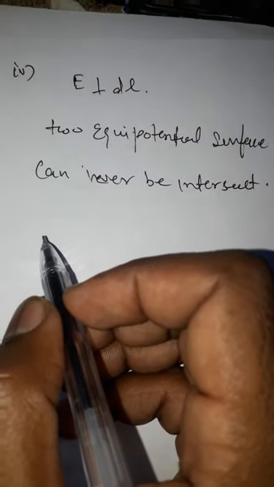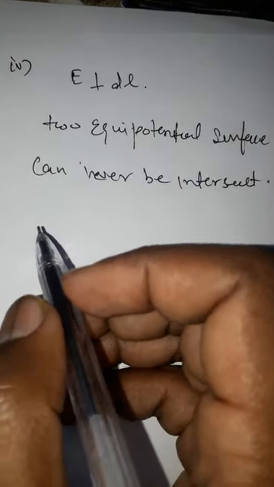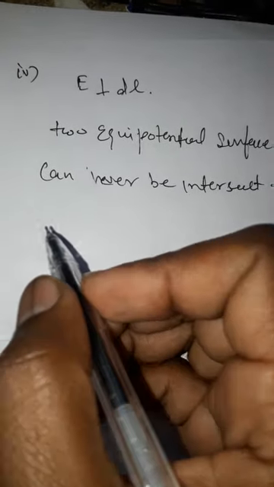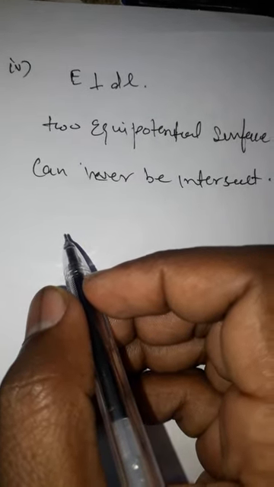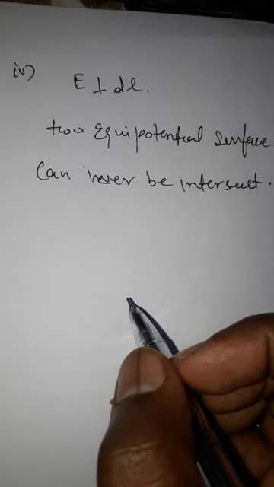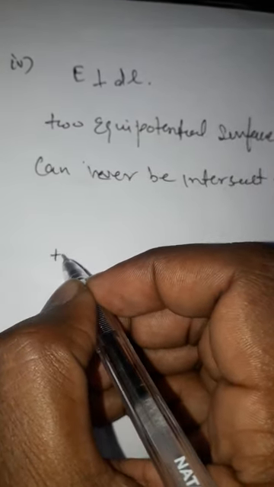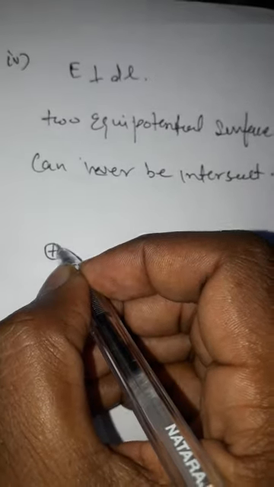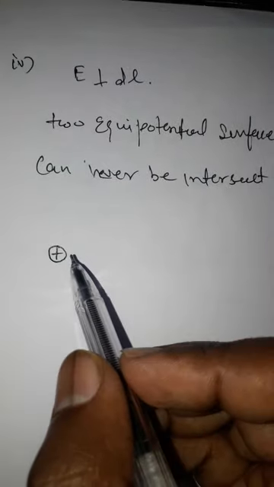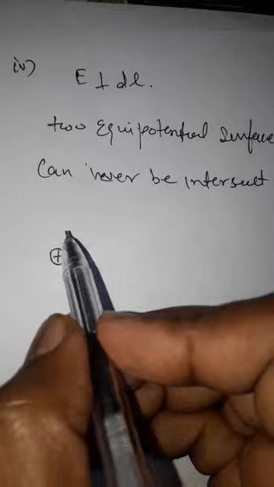Next, if we want to draw the equipotential surfaces, as in the first point we already described, due to a single point charge the equipotential surfaces are concentric spheres.